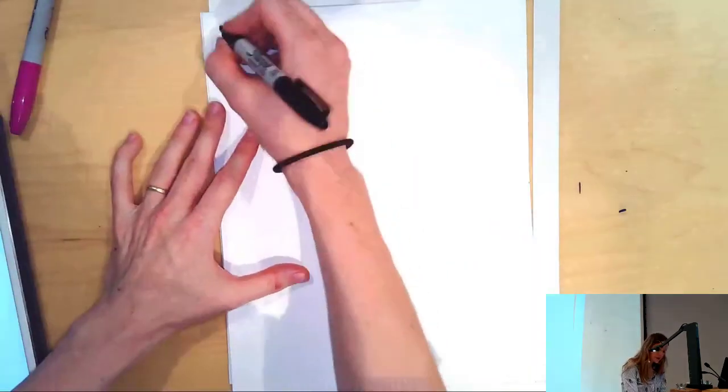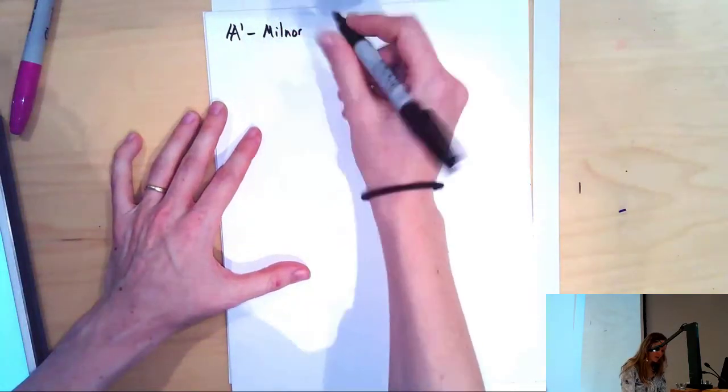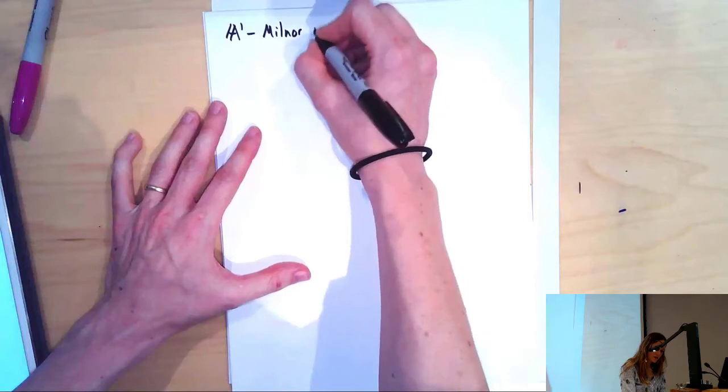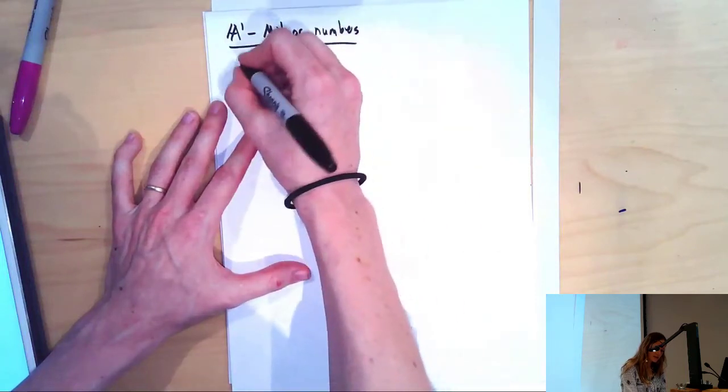So here's an enumerative application. Let's call this A1 Milnor numbers. And this is also joint with Jesse Cass.